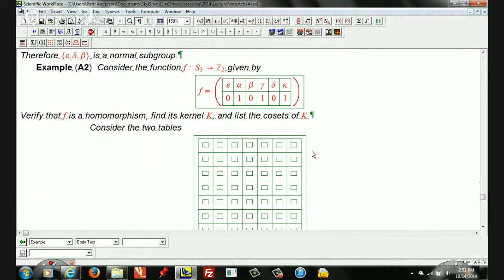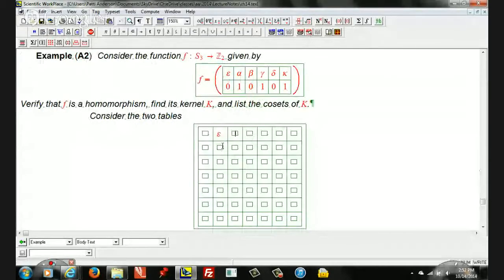Okay. And this one's going to be epsilon, then alpha, then beta, then gamma, and then delta, and then kappa. The same thing down here.